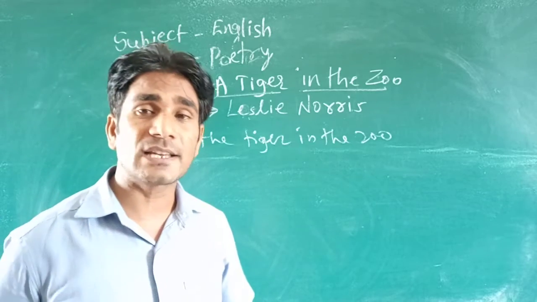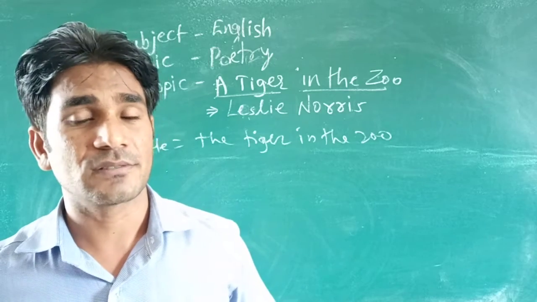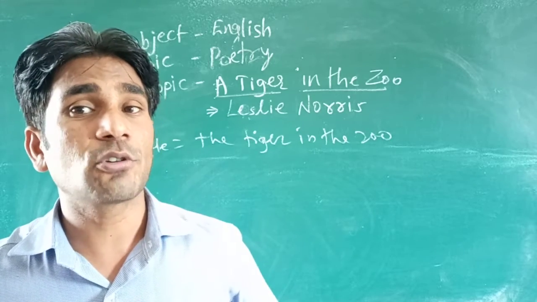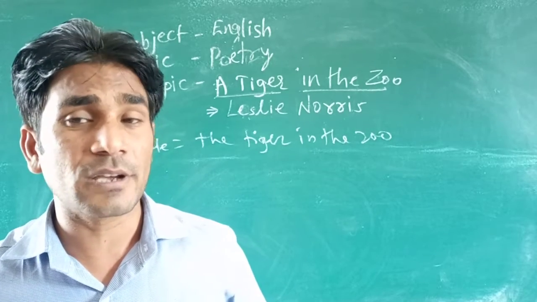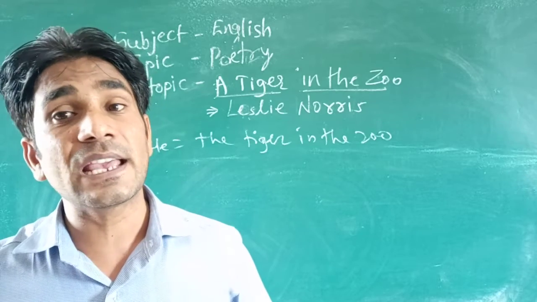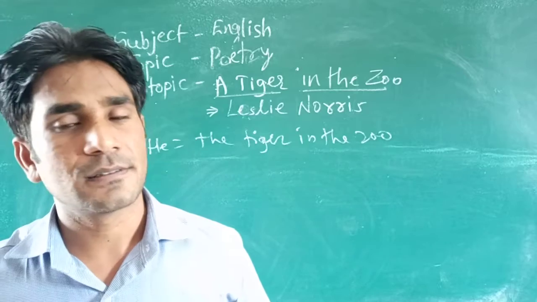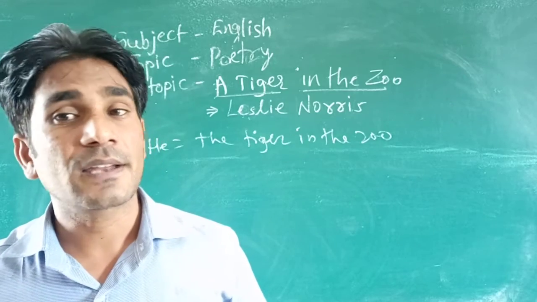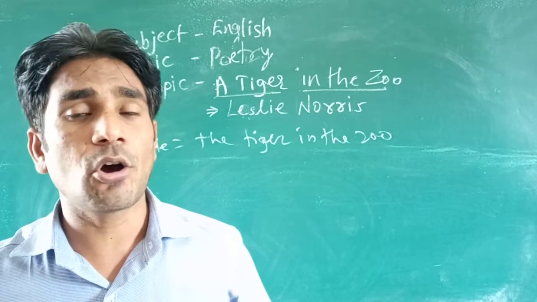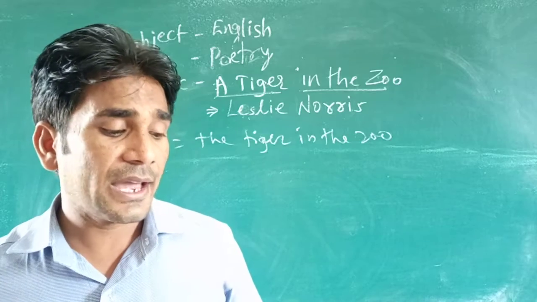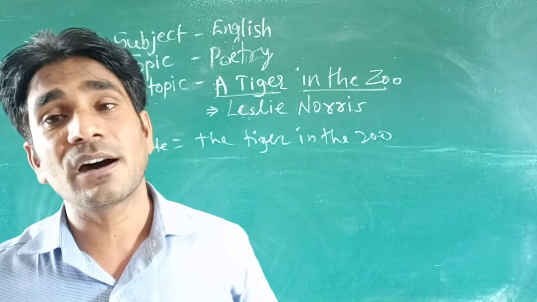Concrete cell means a cage made up of cement and concrete. In that cell the tiger has been locked, and his strength behind bars.